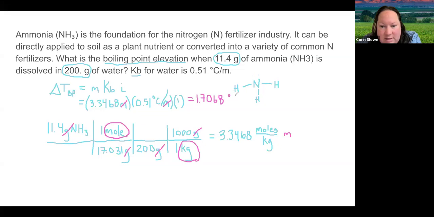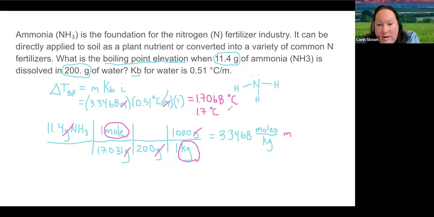That's degrees Celsius. Now let's think about this in terms of our sig figs. So we have 3 sig figs here, 3 here, and 2 here. So we need 1.7. If it's 3 sig figs, it would be 1.71.